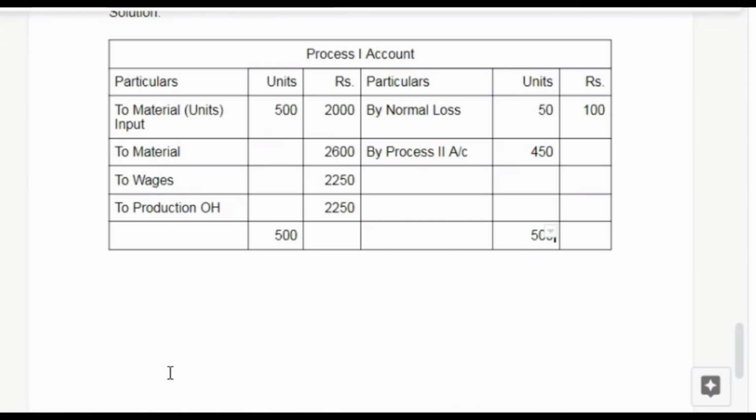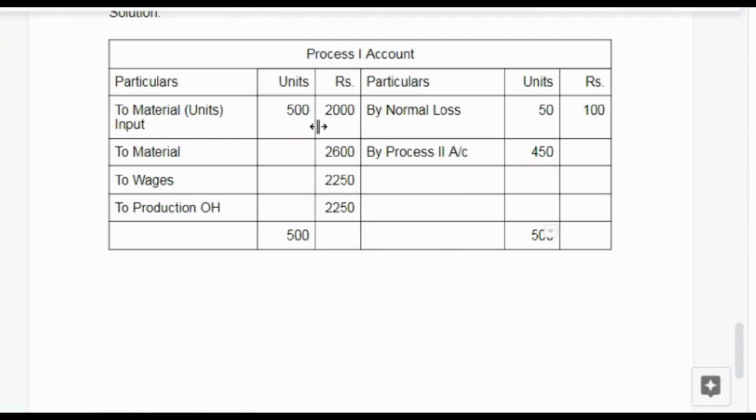Your estimation is that you will input 500 units, 10% will be lost, and 450 will be output. So there is no abnormal loss here, and no abnormal gain here, and that's why we need not prepare any such account here. Clear?